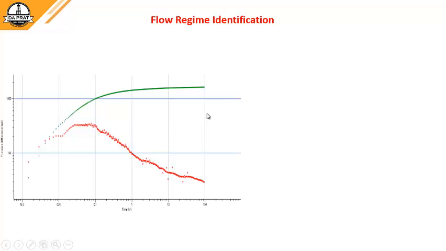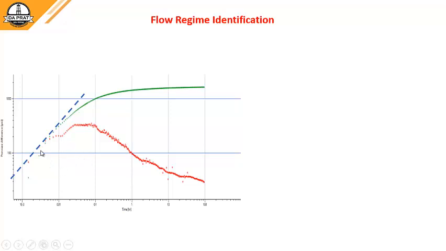So what we're going to do here is identify the present flow regimes. And this is wellbore storage, probably the first flow regime, which appears in any type of test, even in a formation tester.